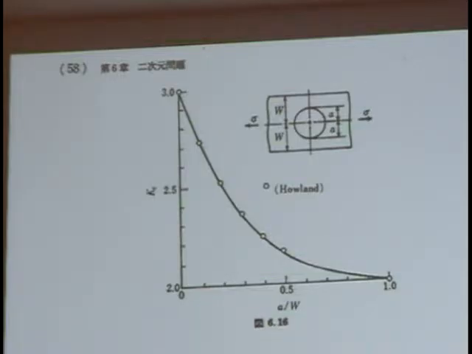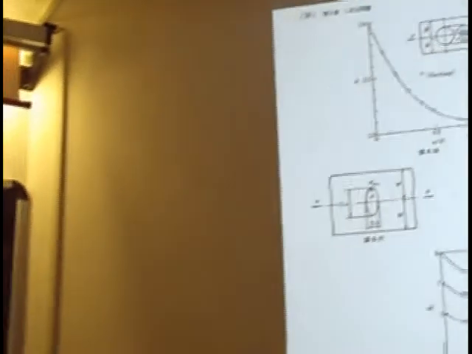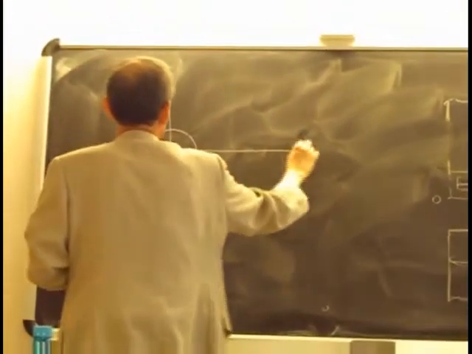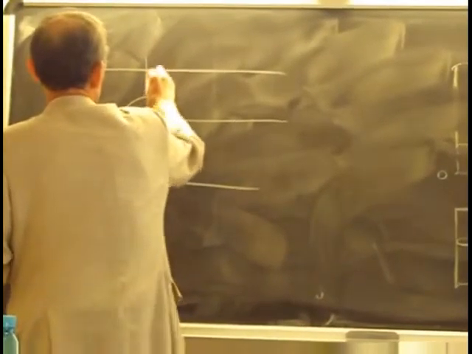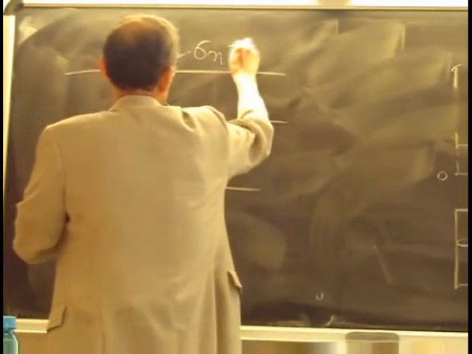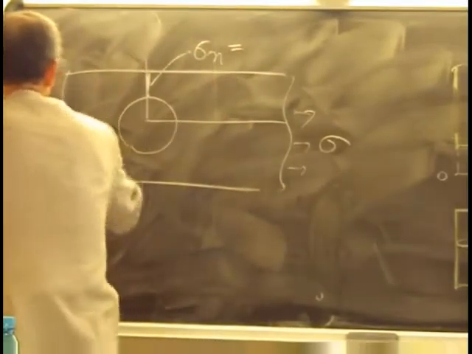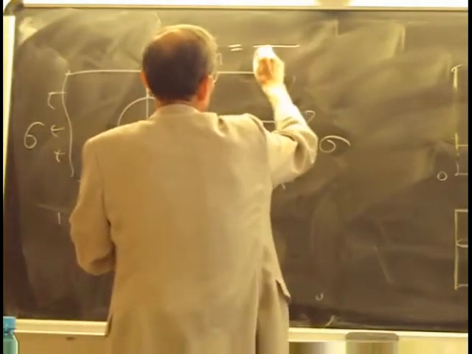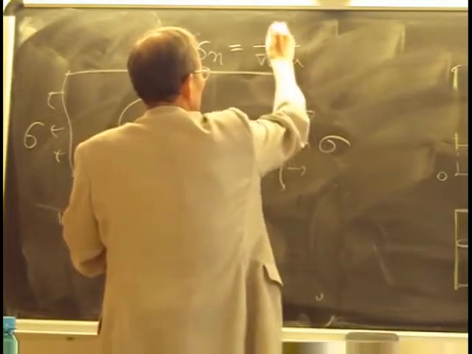So the nominal stress is sigma times W over (W minus A).